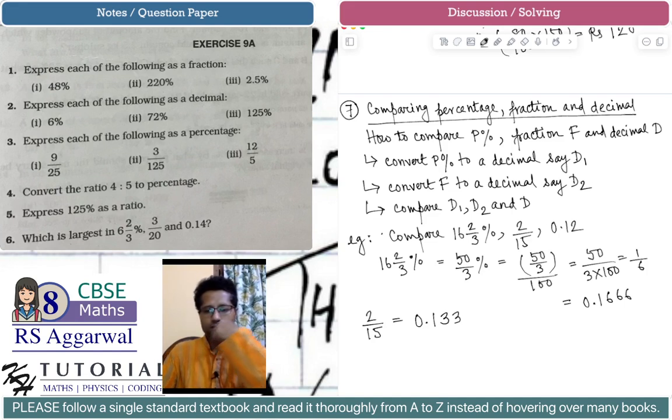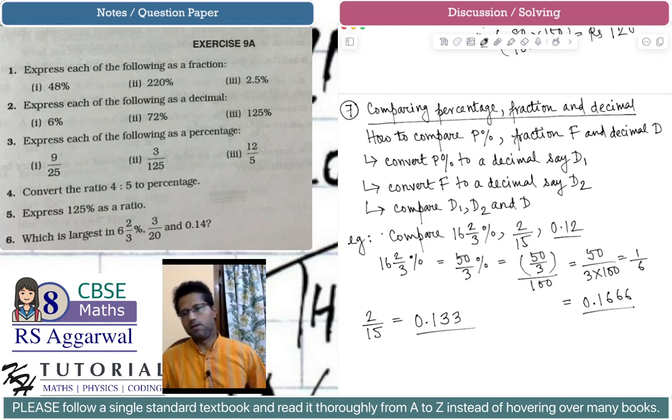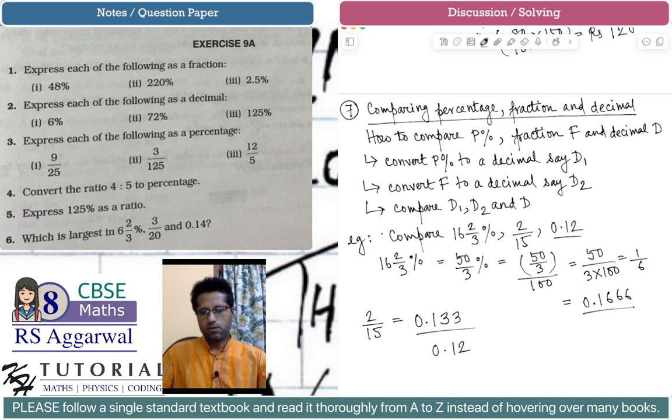So now we have to compare the decimals 0.1666, 0.133 and 0.12. Clearly, if we arrange these three decimals in ascending order, it becomes 0.12 is less than 0.133, which is less than 0.1666.